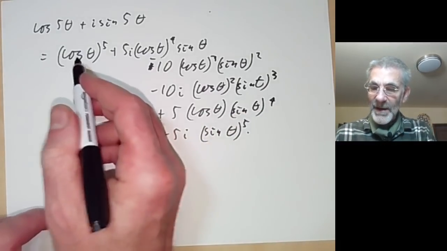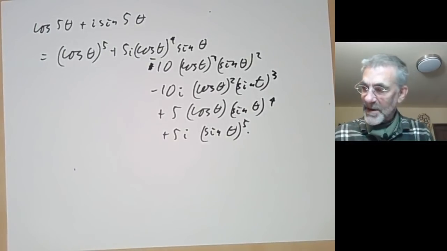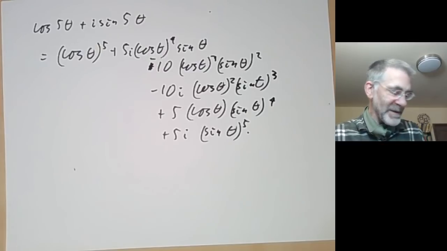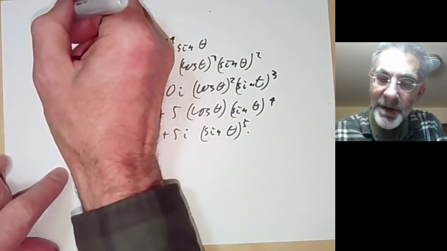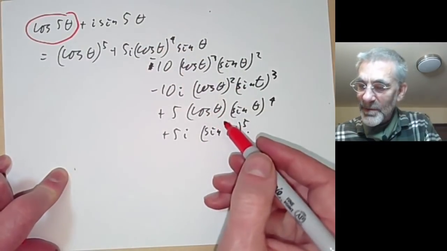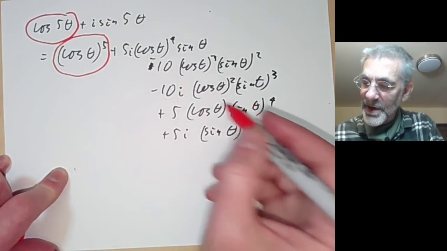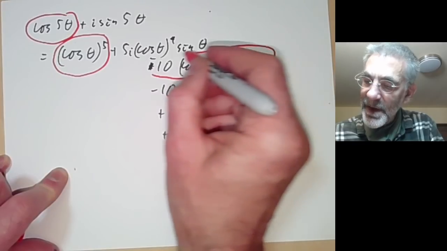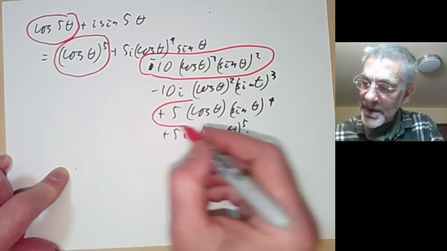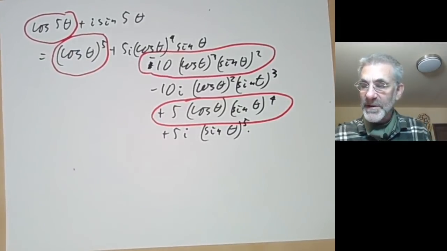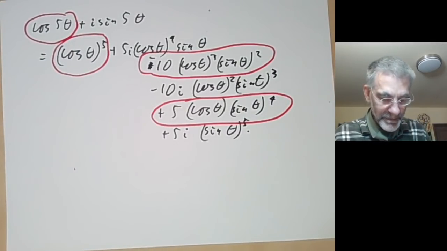So if I want to work out cosine of 5 theta, all I have to do is to take the following terms. So cosine 5 theta is going to be the real part of this. So we get a cosine theta to the 5, that's real. The next term is imaginary, then we get this term here, and then we get this term here. So that gives the multiple angle formula for cosine 5 theta.